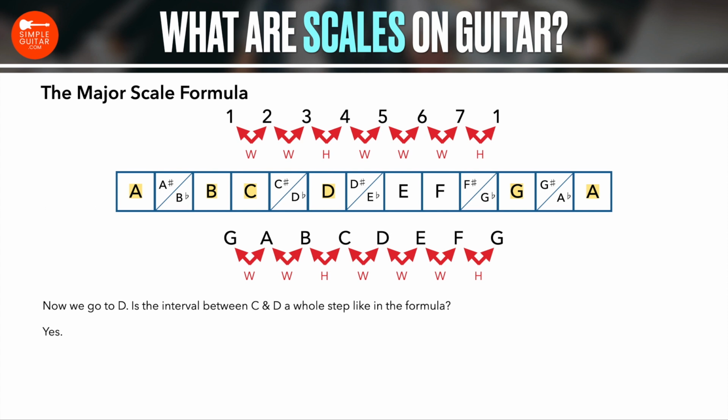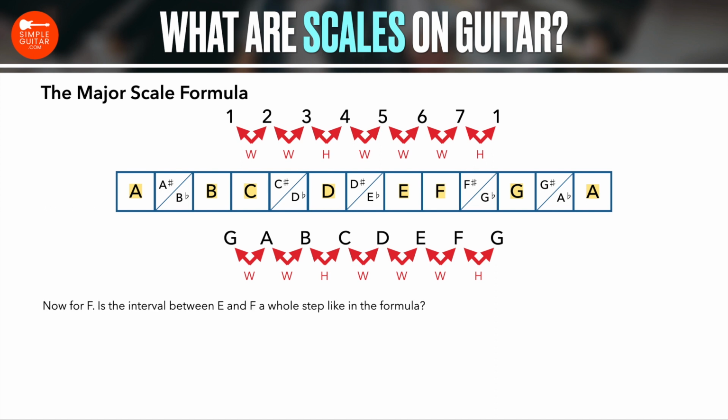And the answer there again is yes, it still is. So we're still doing good. Now on to E. We need a whole step between D and E. So is the distance between D and E a whole step like in the formula? And yes, it is. Because we go from D up to D sharp and then from D sharp to E, that makes it a whole step.